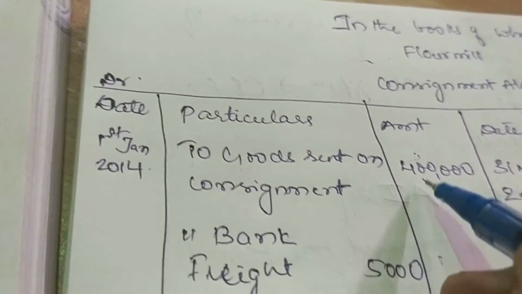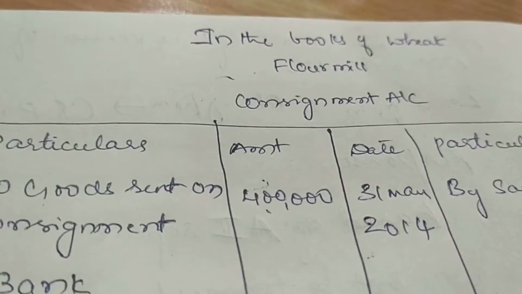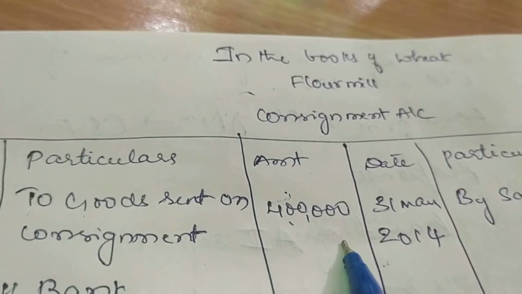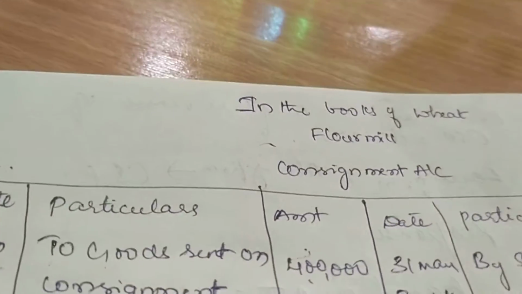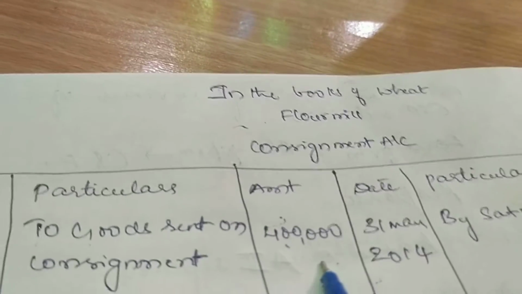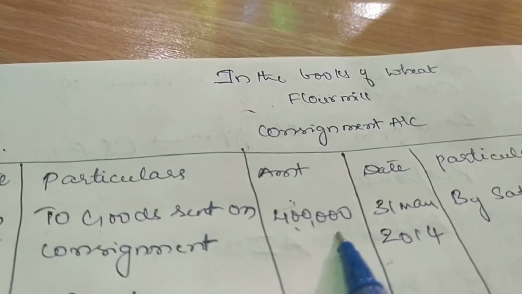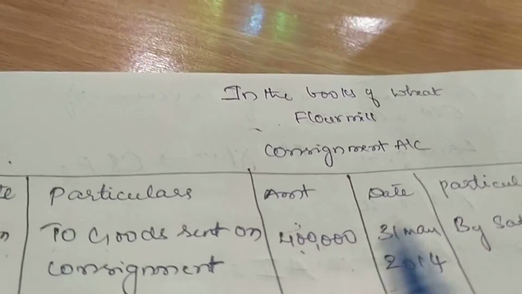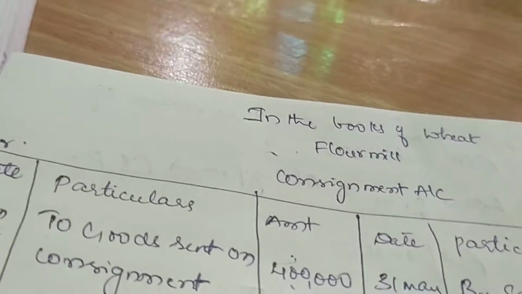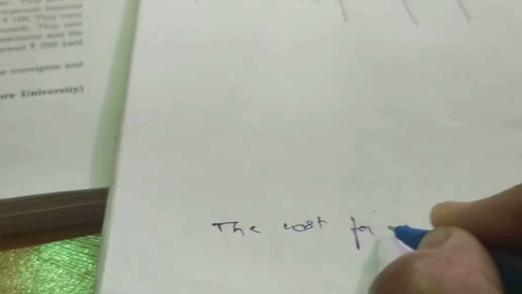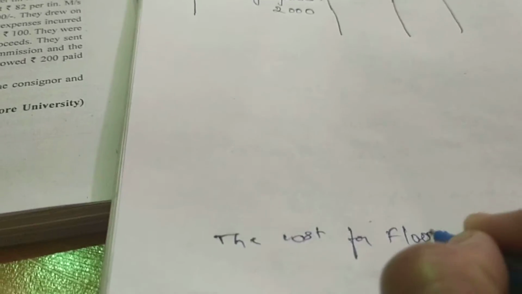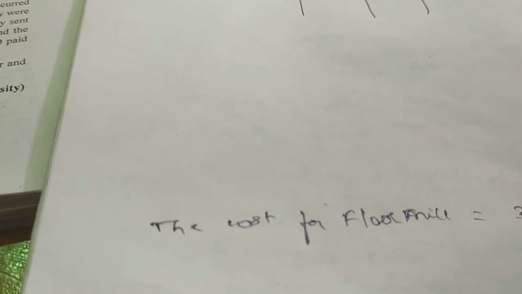Okay, understood till here? I told you that according to the accounting principle we have to record purchases, opening stock or closing stock at the cost price, but here the 4 lakhs includes the profit. The cost for the flour mill is 3,70,000.